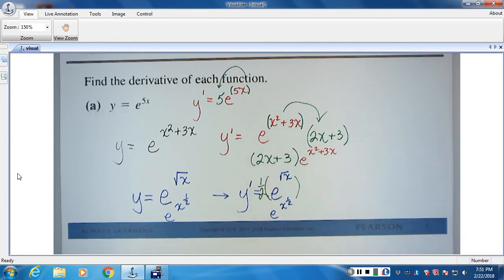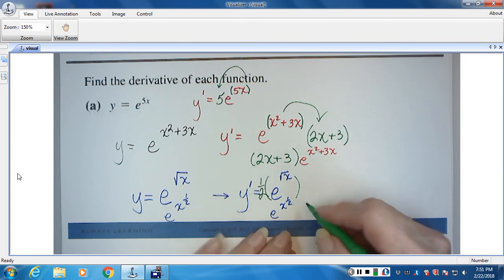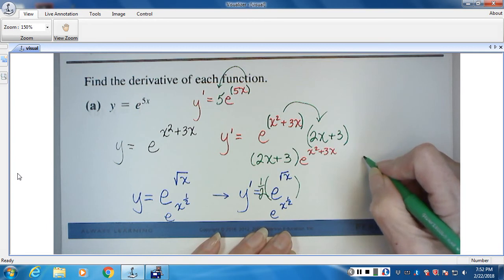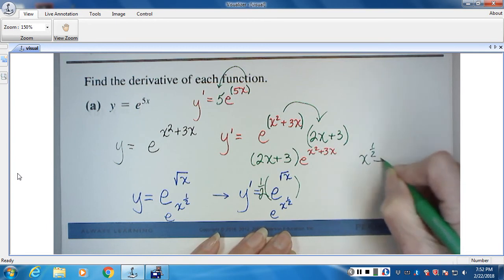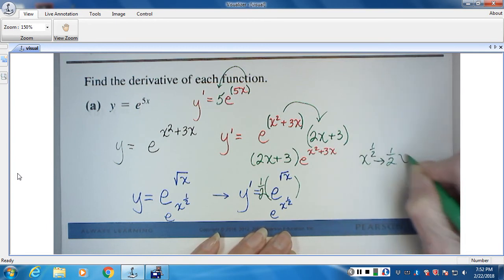But x to the 1/2, that isn't its whole derivative. The whole derivative of x to the 1/2 is 1/2 x to the 3/2 power.